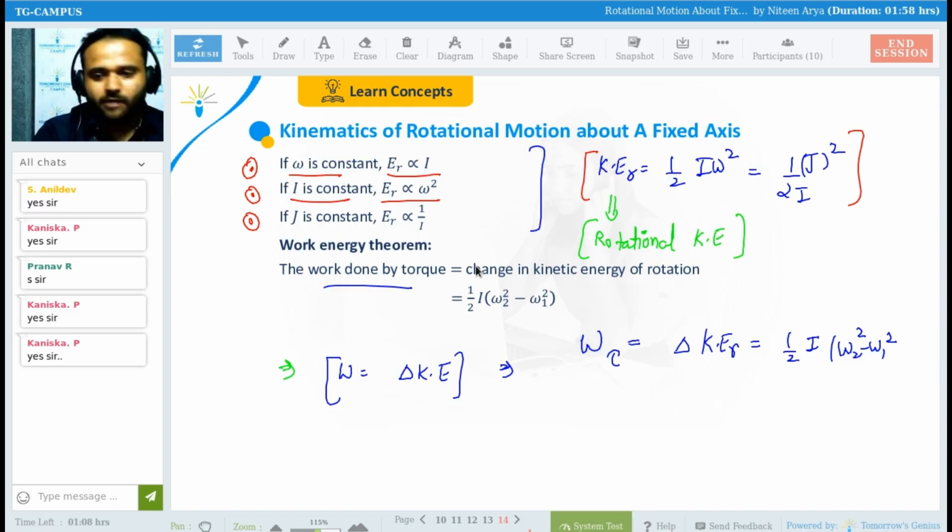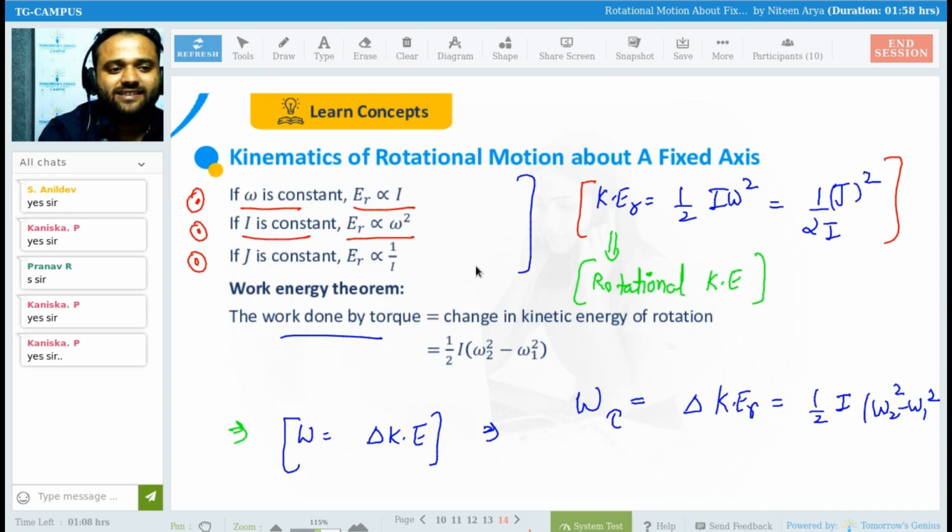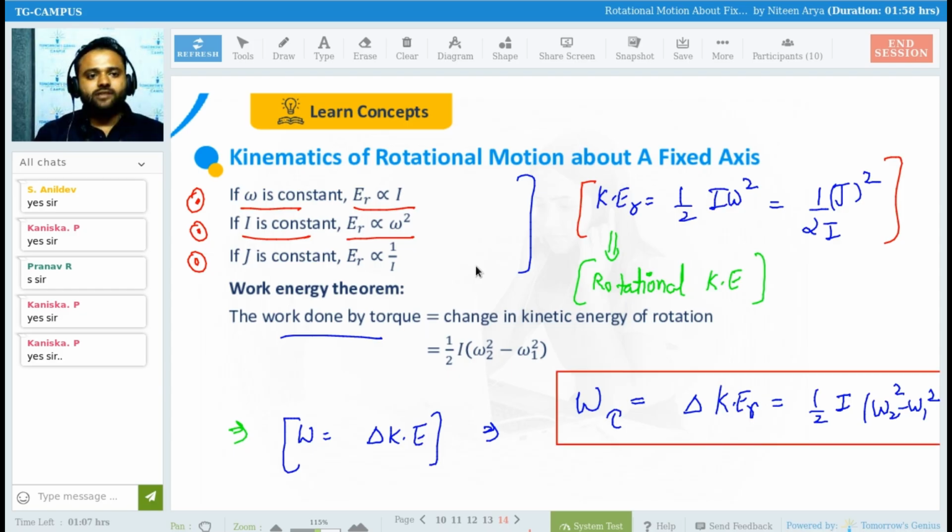Means if an object is initially rotating with omega 1, and after some time, after getting higher angular speed, it starts rotating with omega 2, the work done due to the torque tau is nothing but change in rotational kinetic energy, and that is 1 by 2 I (omega 2 square minus omega 1 square).